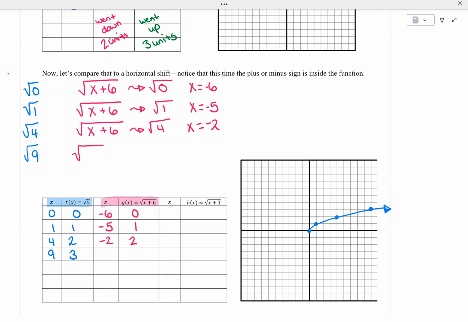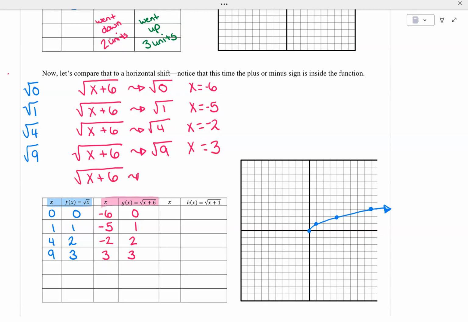So the last one, x plus 6, would give me the square root of 9. So what would x have to be so that when I add 6 to it, I get a 9? Well, hopefully you said 3. And then the square root of 9 is 3. Let's do one more.